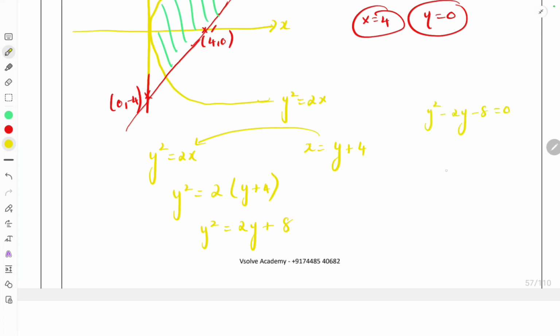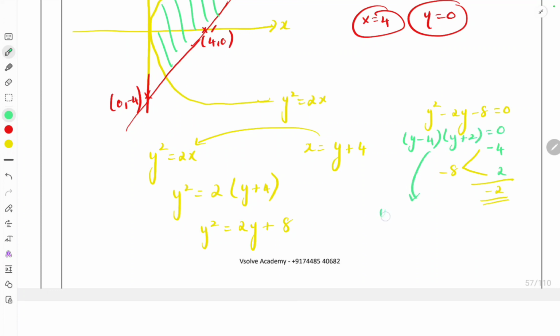If we multiply, we have to get -8. If we add, we have to get -2. So we have to choose two numbers like this. So we can go with -4 and 2. -4 into 2 is -8, -4 plus 2 is -2. So which means this is nothing but y minus 4 into y plus 2 is equal to 0.